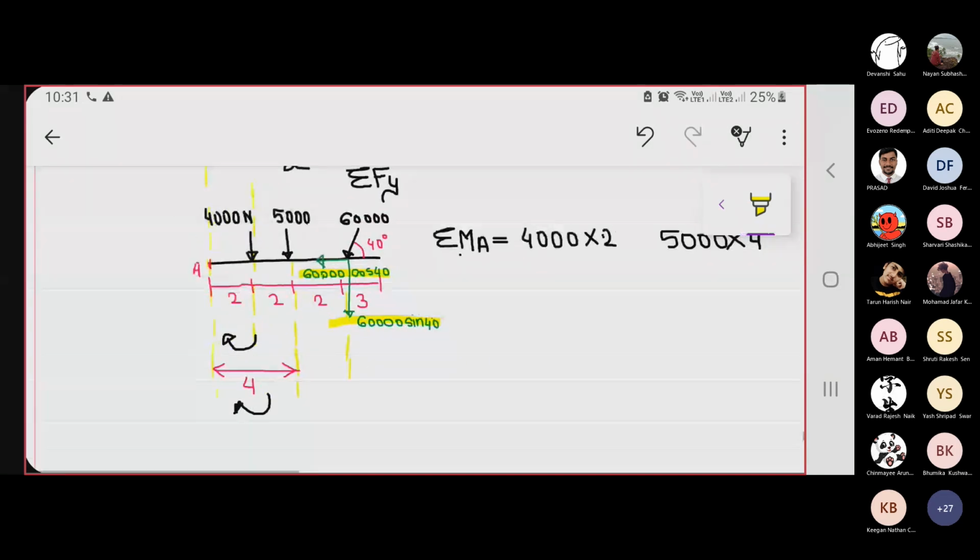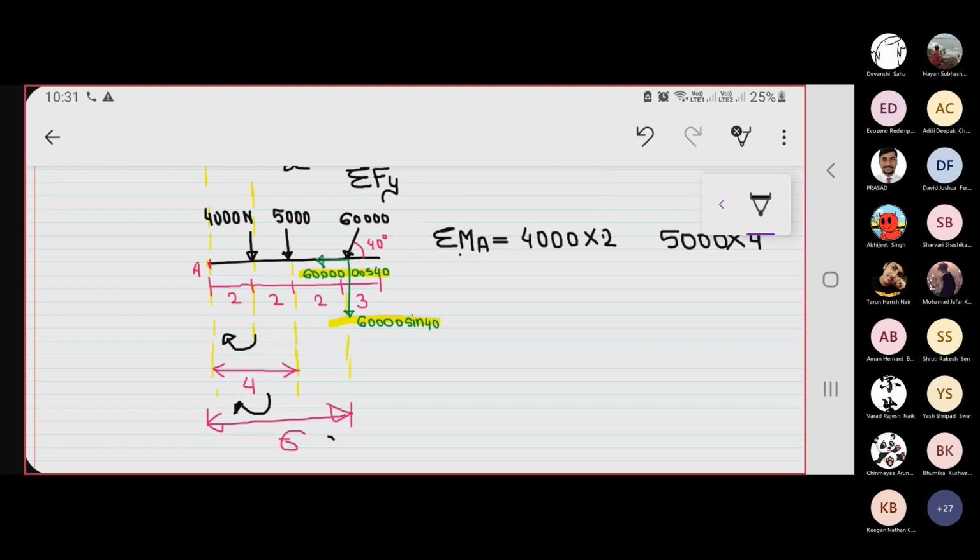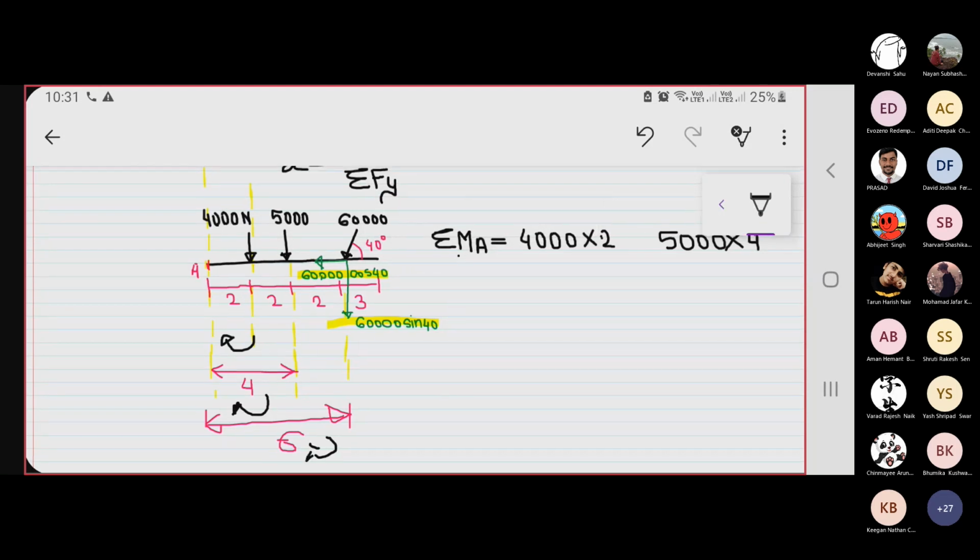It is at a distance of 6. So it is in which direction? Again clockwise direction.